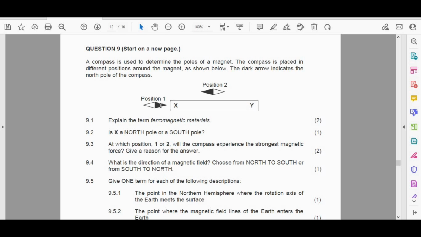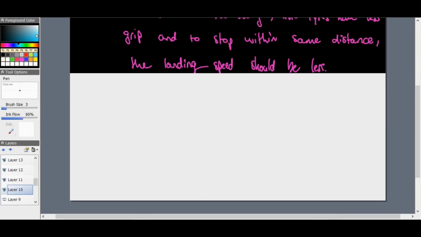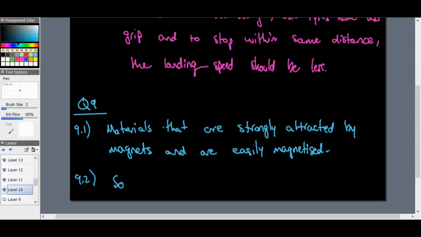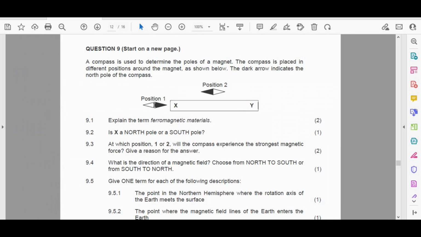The dark part here is the north pole of the compass, and both position 1 and position 2 point here. So X is actually the south pole because opposite poles attract. So X is definitely the south pole of the magnet, as the north pole of the compass is always turning towards the X position. Otherwise, it wouldn't have pointed this way at position 1, it would have pointed the other way.